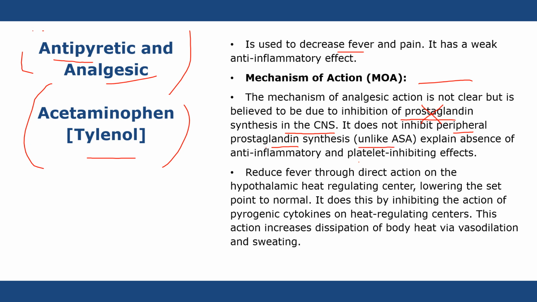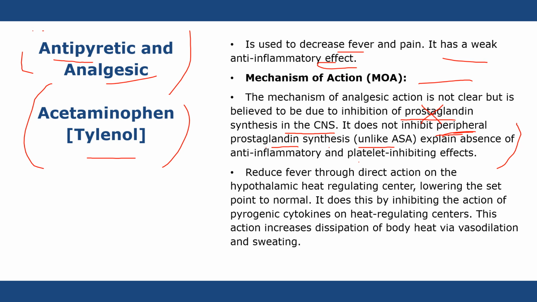So I'm giving you a clue here that aspirin will have impact on both the central nervous system and the peripheral prostaglandin synthesis. We'll talk about aspirin in a minute. Because this drug has no impact in the peripheral prostaglandin synthesis, this is not a good agent from an anti-inflammation standpoint of view. So if I need to treat someone's inflammation, then acetaminophen is not a good drug. If I'm going to treat someone's pain and fever, then this is a go-to drug.